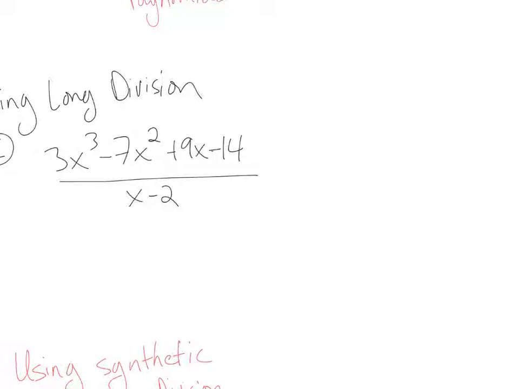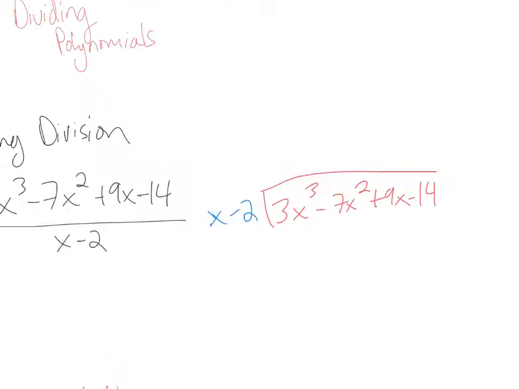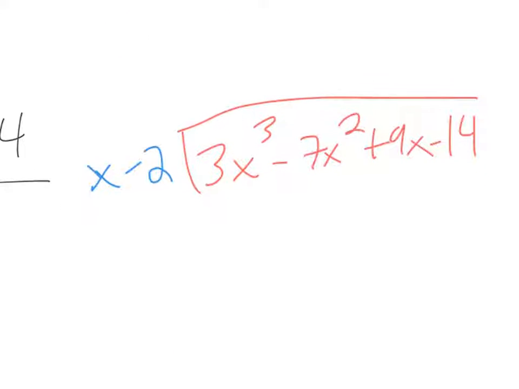So I'm going to write out that top polynomial, 3x cubed minus 7x squared plus 9x minus 14, and I'm going to divide it by that bottom binomial, x minus 2. Just like in long division, we are trying to figure out how this thing fits into this thing, the dividend and the divisor.